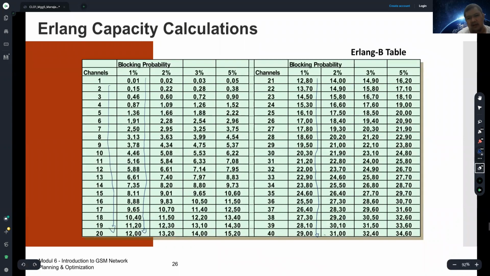However, if we are using the same channel and we add the value of the traffic, there will be what we call blocking. So there will be a communication blocking if we improve the value of the traffic load without improving the channel capacity. So the value in the middle is the traffic load.